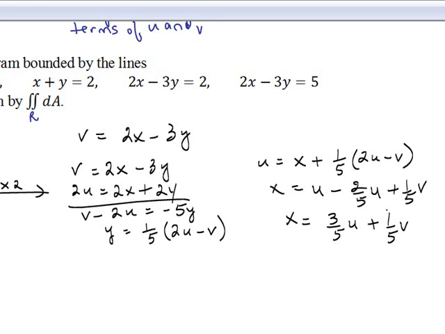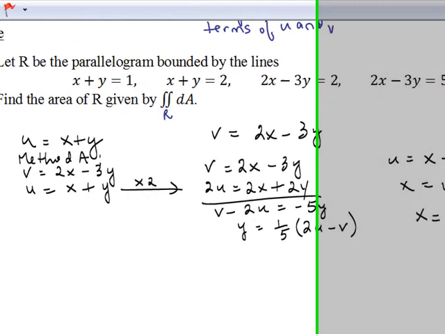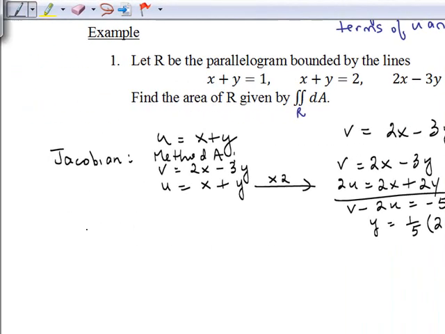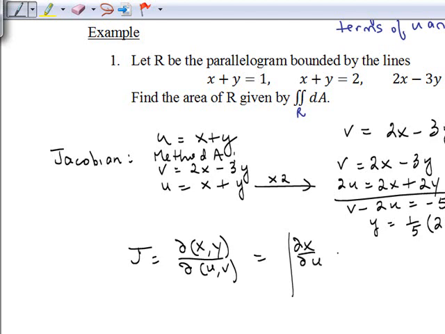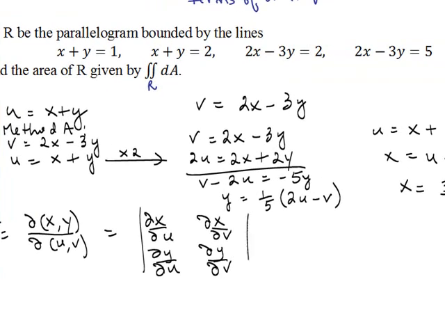Now you can find the Jacobian. Any questions here? Okay, so the Jacobian is partial (x, y) over partial (u, v), the determinant of partial x partial u, partial x partial v, partial y partial u, partial y partial v.